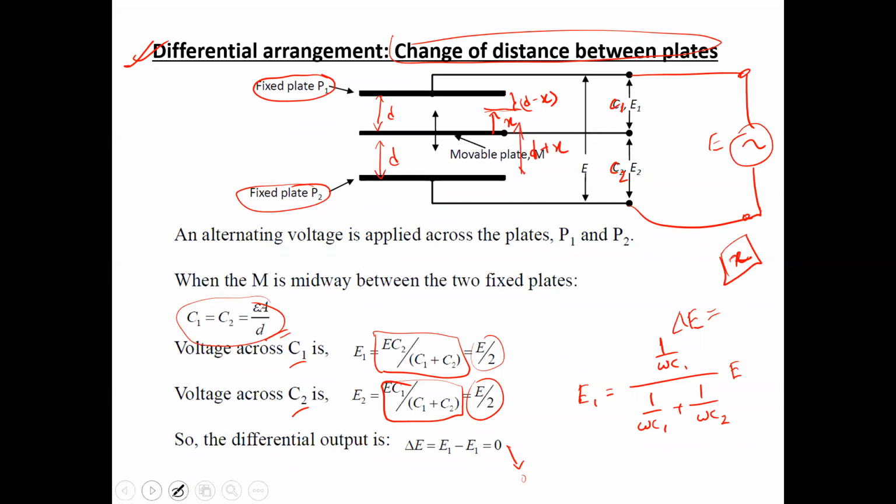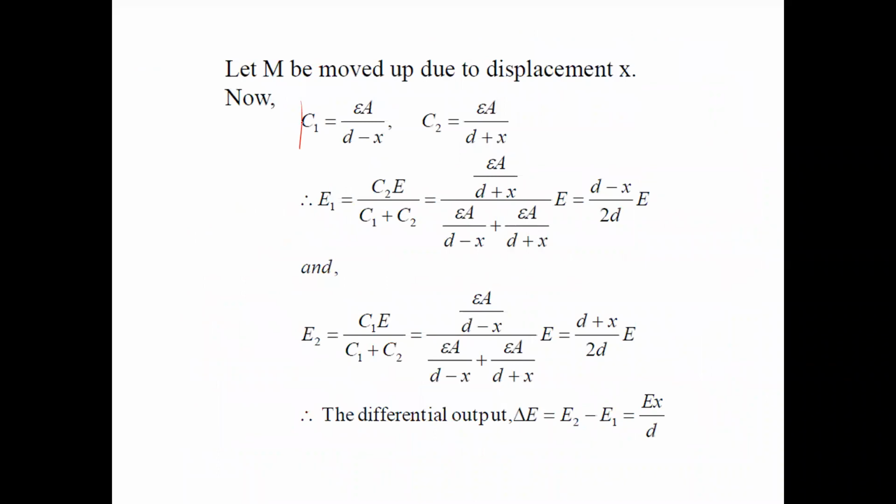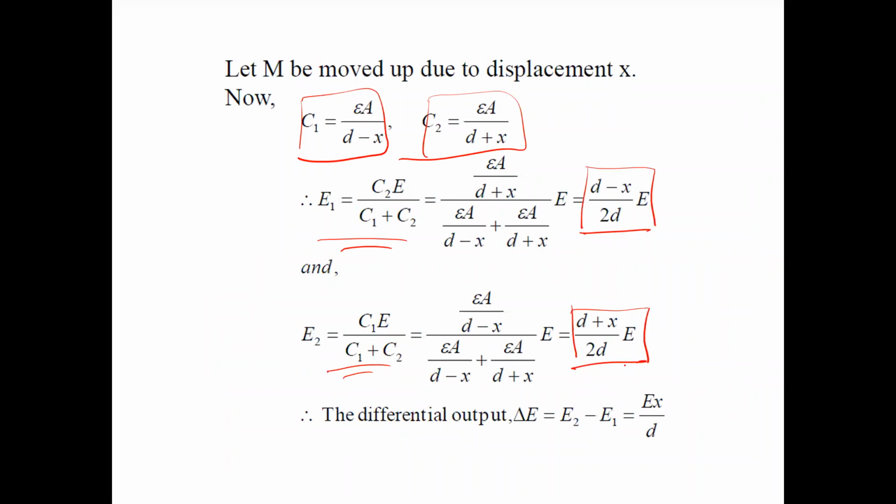So with respect to that, we can rewrite the expression of the capacitances, and if we use the same expressions for calculating the voltage drop across the two capacitors and put the expression of C1 and C2, finally we'll see that the expression of E1 will be this one and the expression of E2 will be this one. And if we take the difference, E2 minus E1, then finally we will end up with this expression.